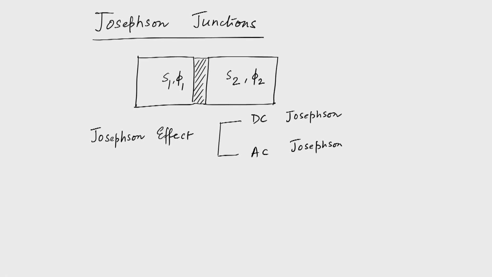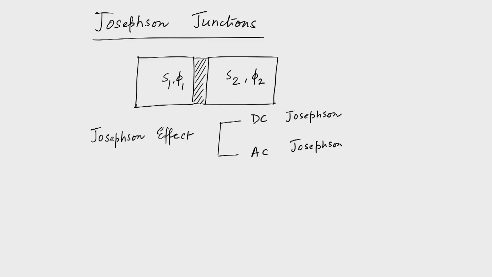All right. Any weak coupling between two regions of superconductors, which could be a tiny constriction, also known as a microbridge, or even point contacts between two superconducting specimens, also constitute Josephson junctions. So, let us draw some pictures of these junctions.